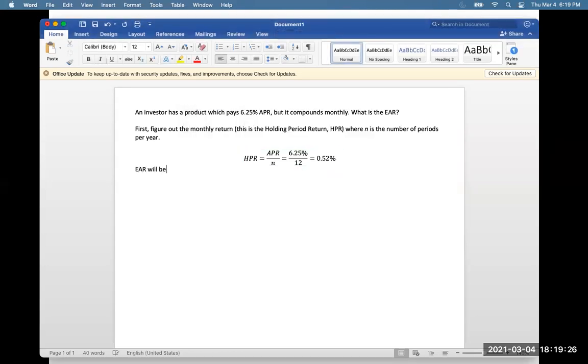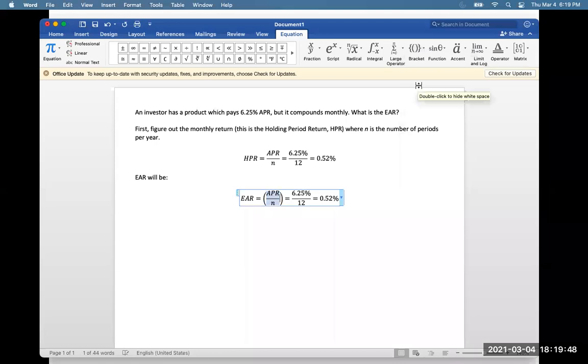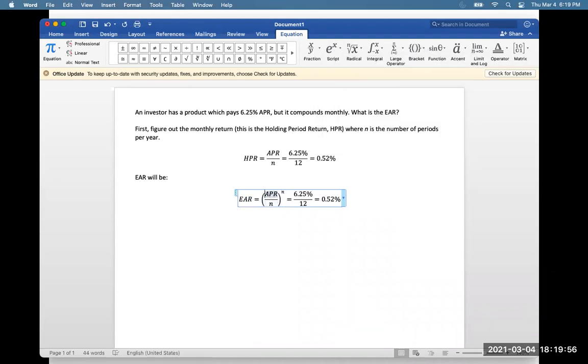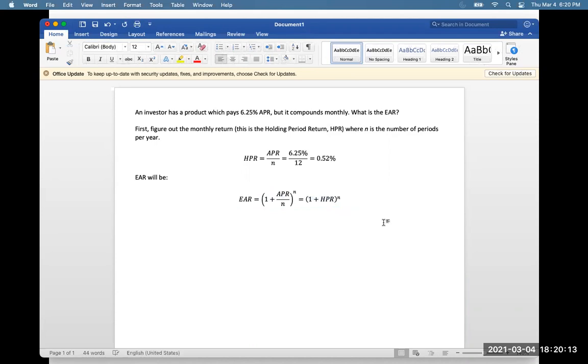So the EAR will be this formula here, which is the same thing as that, the unannualized holding period return, because in this instance the period is less than a year. 0.0052.